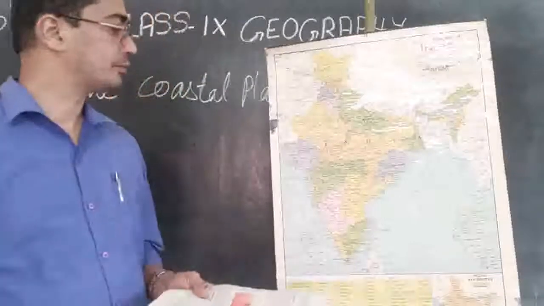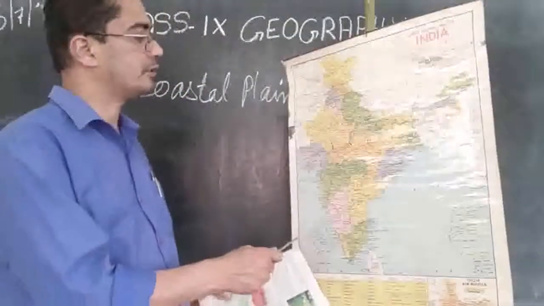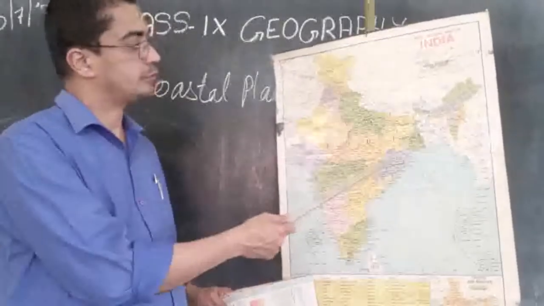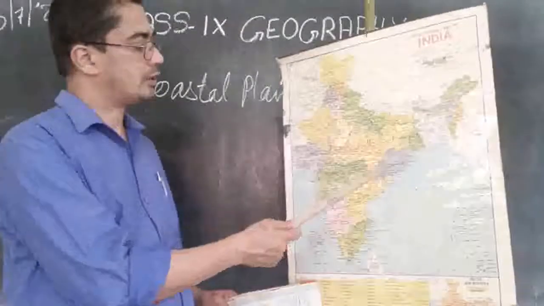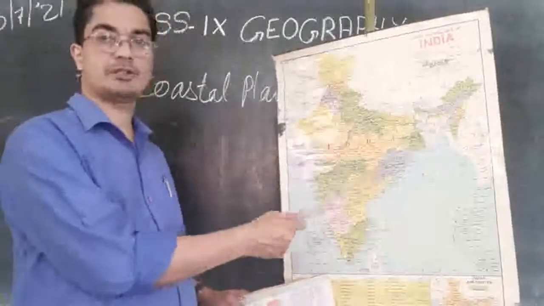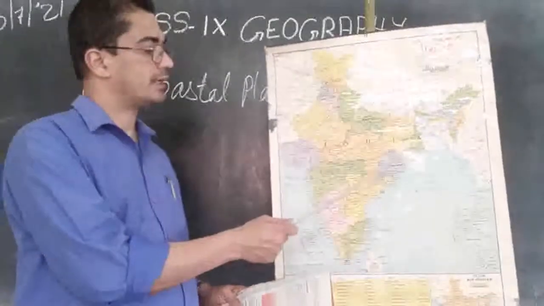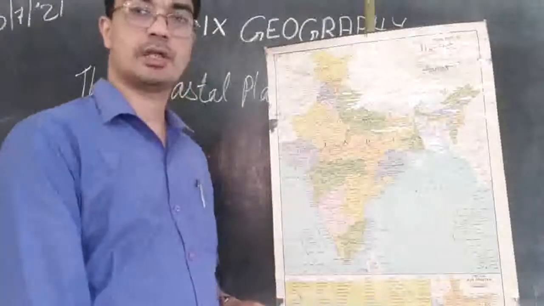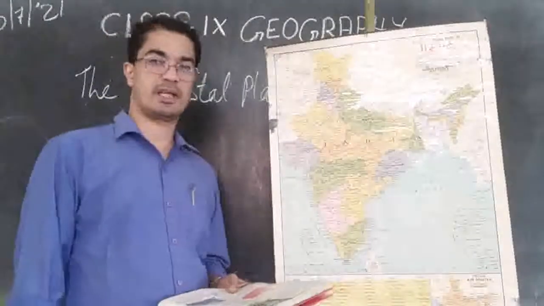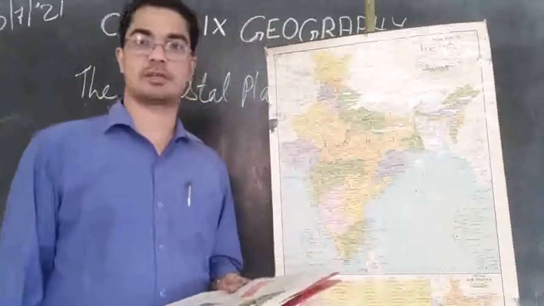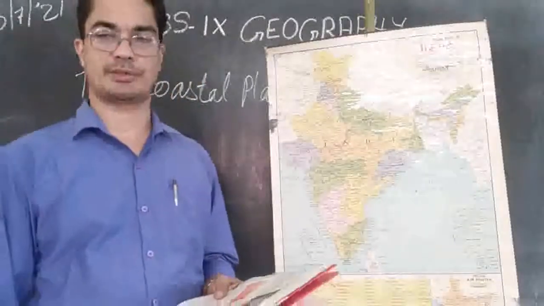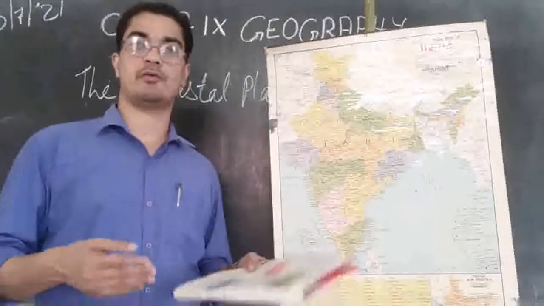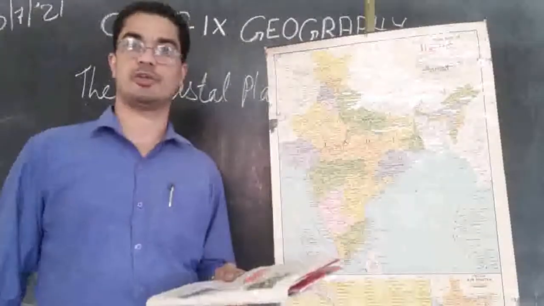So where is Odisha? We will find it just between West Bengal and Andhra Pradesh. So Lake Chilica is in Odisha state, and that is the largest saltwater lake. This water can be used for making salt. You can keep it somewhere and let it evaporate, and then the salt will be left.